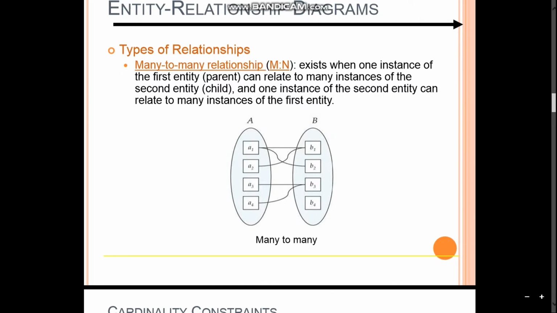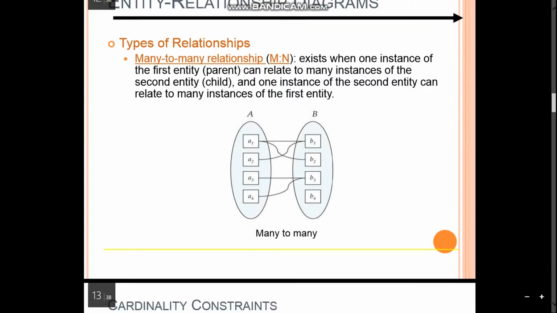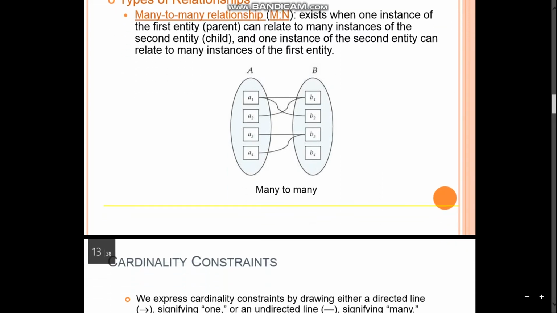Here you can see that one instance of the entity type A is associated to many instances of entity B, and one instance of entity B is associated with many instances of entity A. So from both sides it is one-to-many: from A to B it is one-to-many, and from B to A it is also one-to-many. So it is a many-to-many relationship.